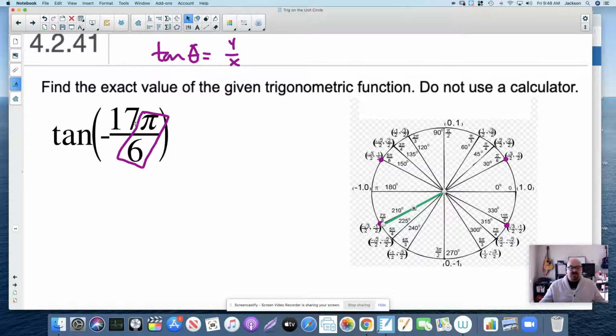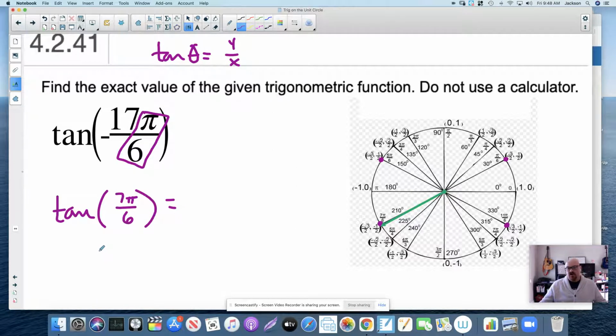So negative 17 pi over 6 is coterminal with just 7 pi over 6.